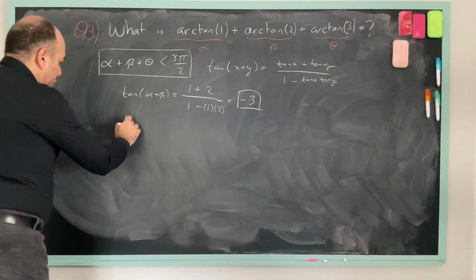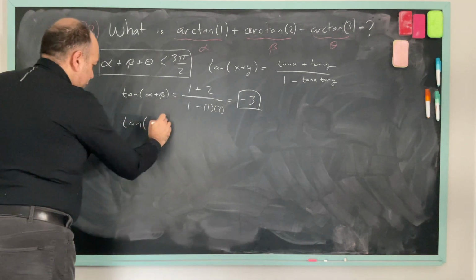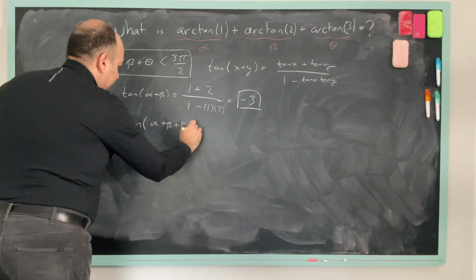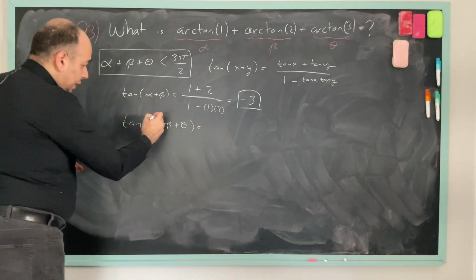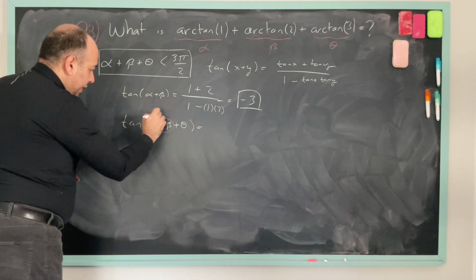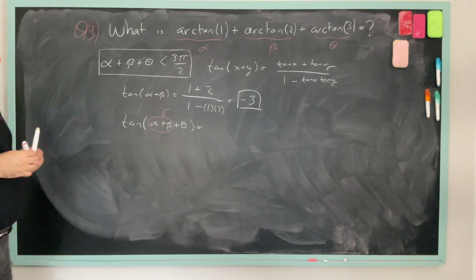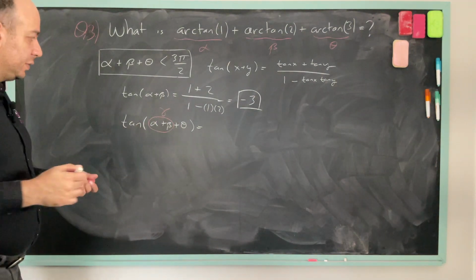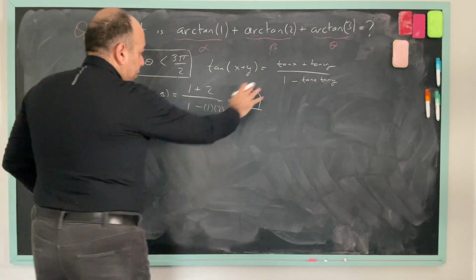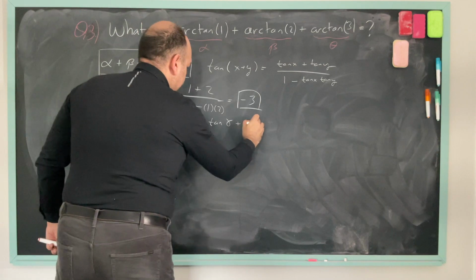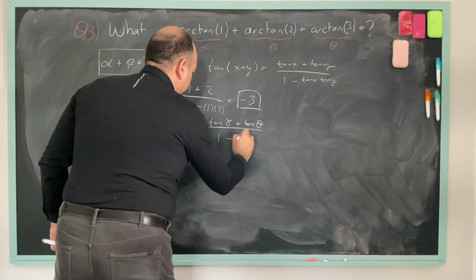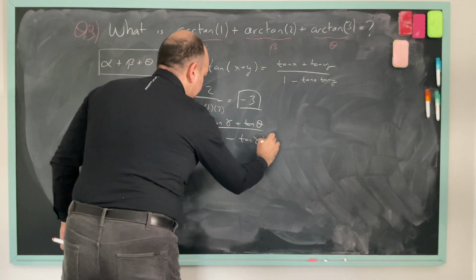So now let's do it this way. I can call alpha plus beta gamma. I defined a new angle. So according to this relation, tangent of gamma plus theta is equal to tangent gamma plus tangent theta divided by 1 minus tangent gamma times tangent theta.